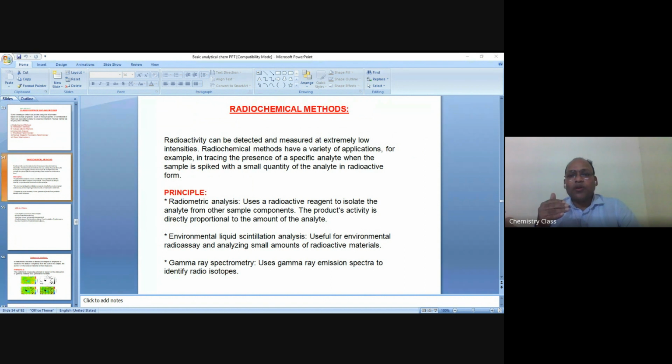So the sample should have a radioactive form, meaning radioactive behavior. If you think a sample is coming from Mars or from the moon, it might contain radioactive elements, so you have to use radioactive analysis.